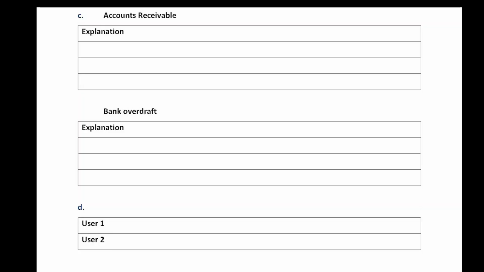Because it is a present economic resource controlled by the entity as a result of past event.